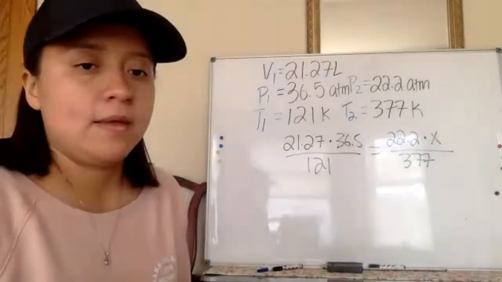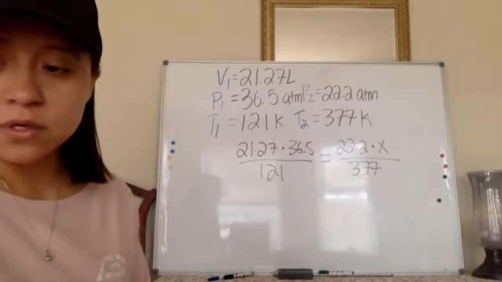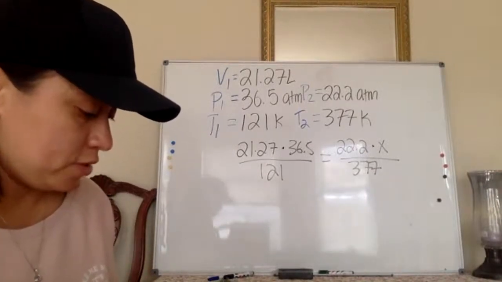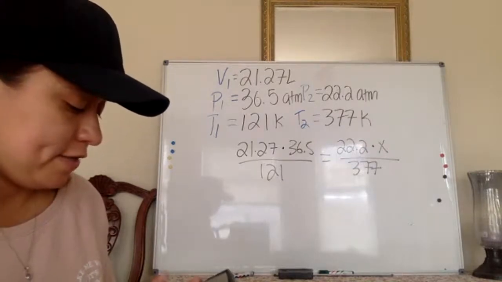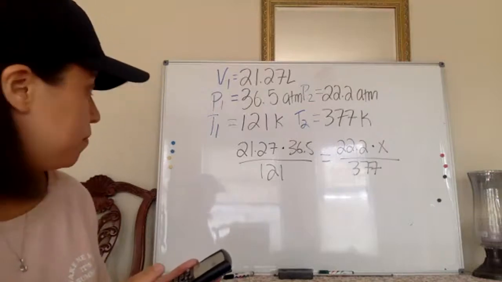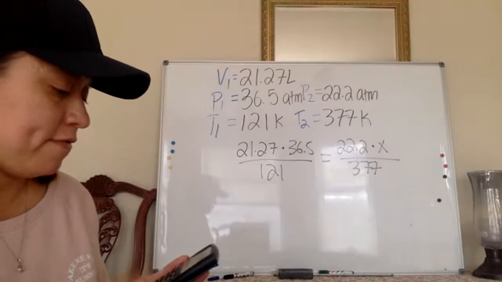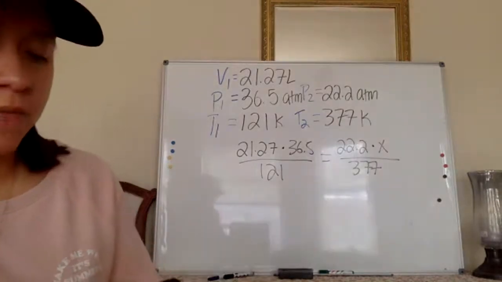Okay? So you're going to do this in your calculator. 21.27 times 36.5, 776.355, okay? So I'm going to write that down.